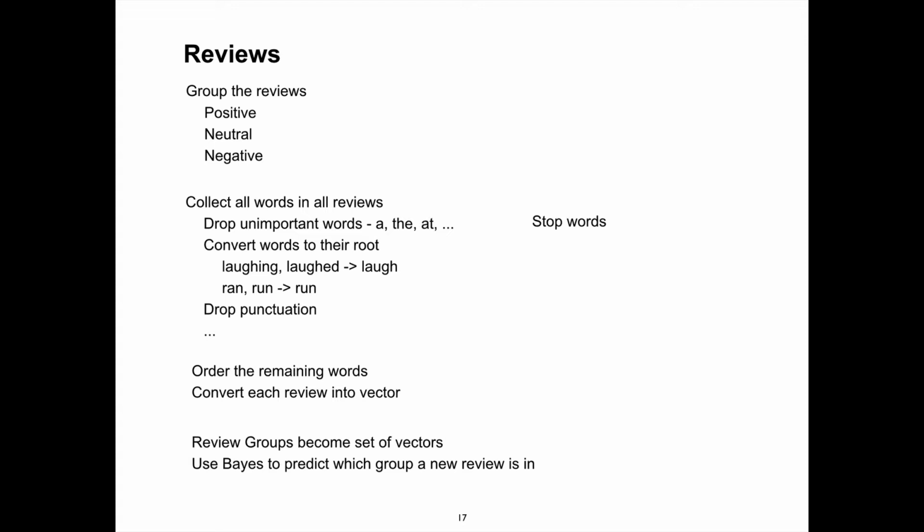And then we can create the vector for each one, and then we mark them as positive, and then we put them into our feature matrix. And then the Y matrix becomes whether it's positive, negative, or neutral. And then we feed into the Bayes algorithm, and then we can call fit, or predict when we get a new review.